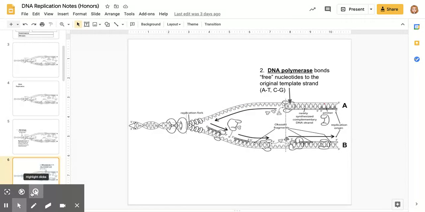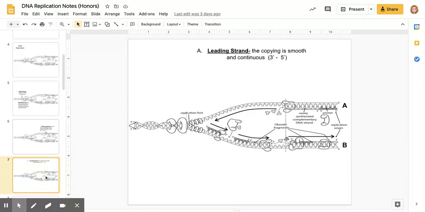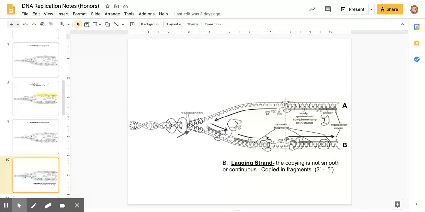So moving forward, we have what's called the leading strand, and the leading strand is A, pictured here. The leading strand's going to add those free-floating nucleotides continuously, very smoothly, as you can see highlighted in yellow. The lagging strand is a little bit different.